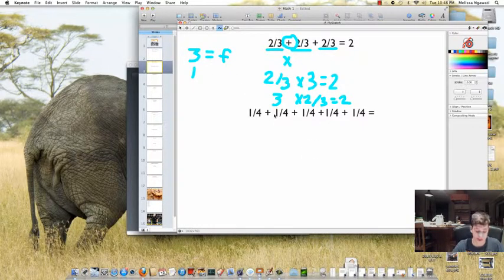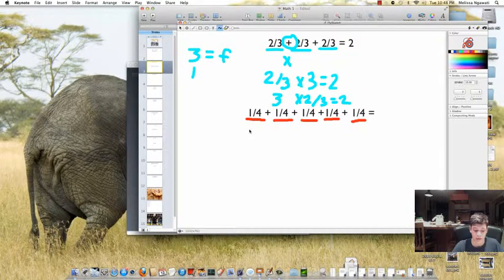Here is another example. 1/4 plus 1/4 plus 1/4 plus 1/4 plus 1/4. First, we identify that there's 1, 2, 3, 4, 5 quarters.